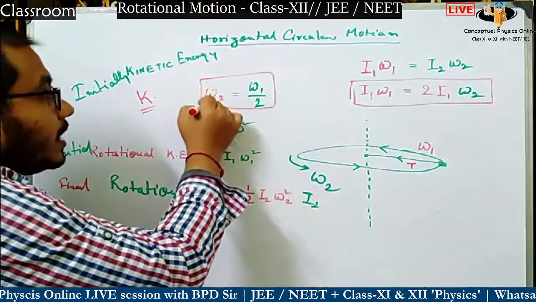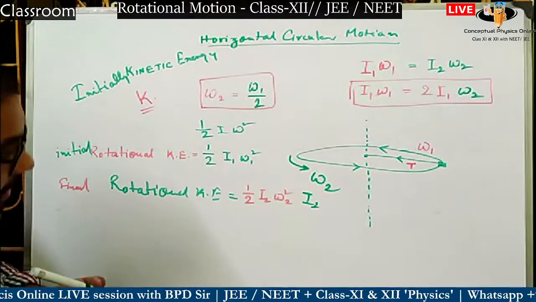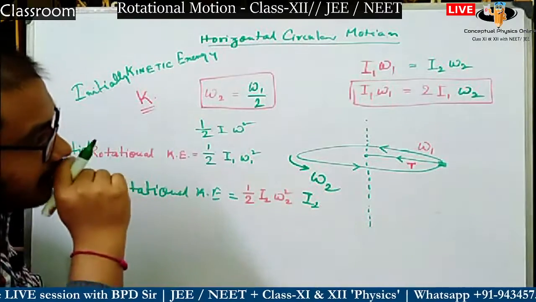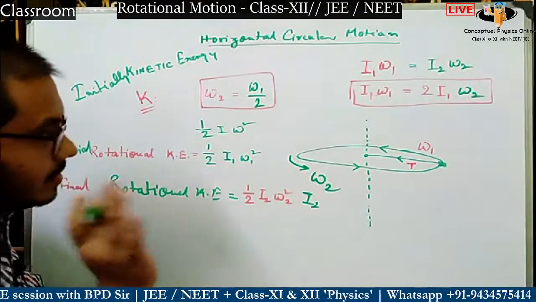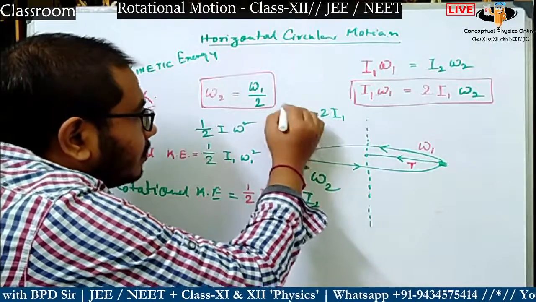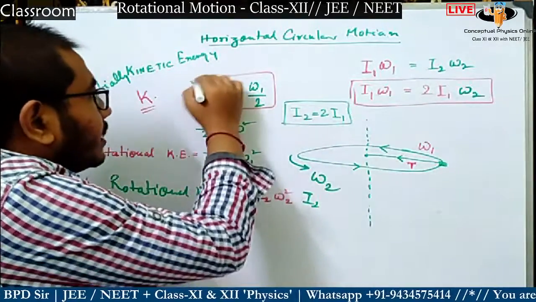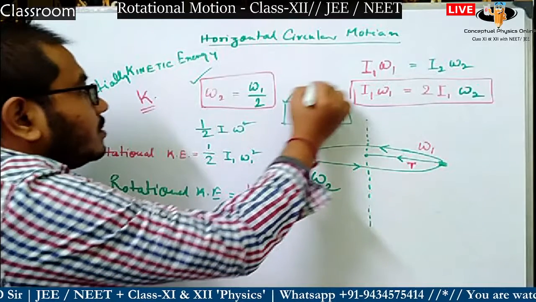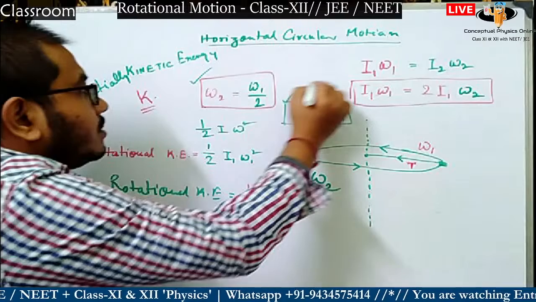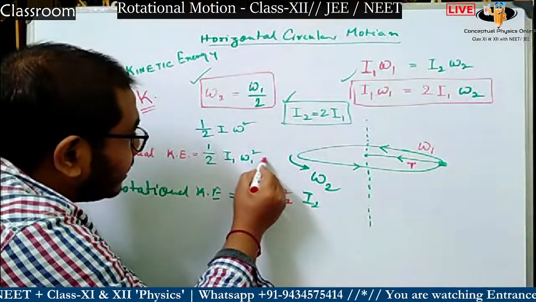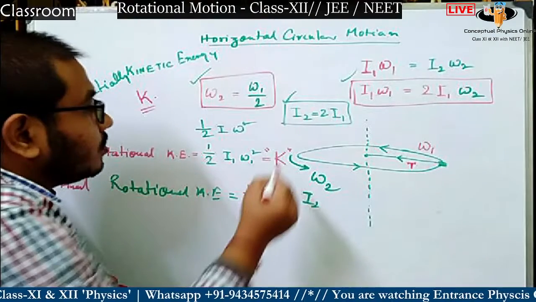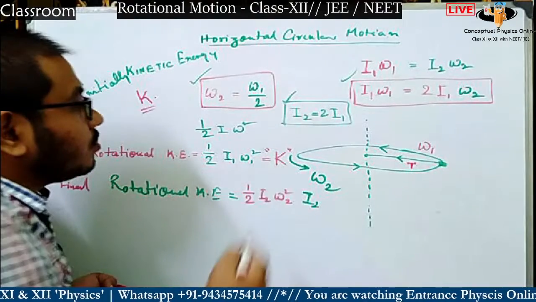We have I2 equal to twice I1. We have these equations with us, and the initial rotational kinetic energy has already been termed as K in our question.